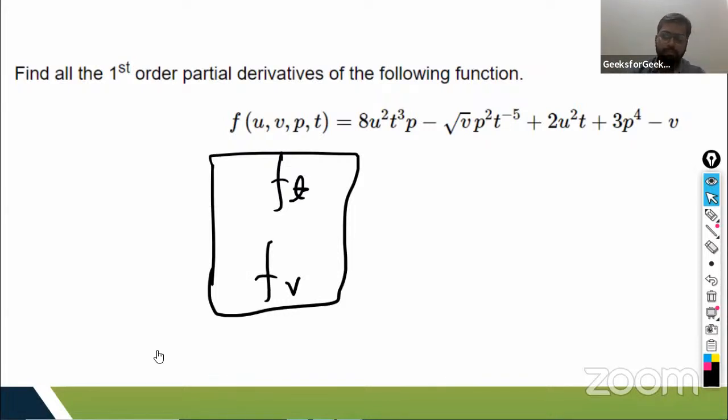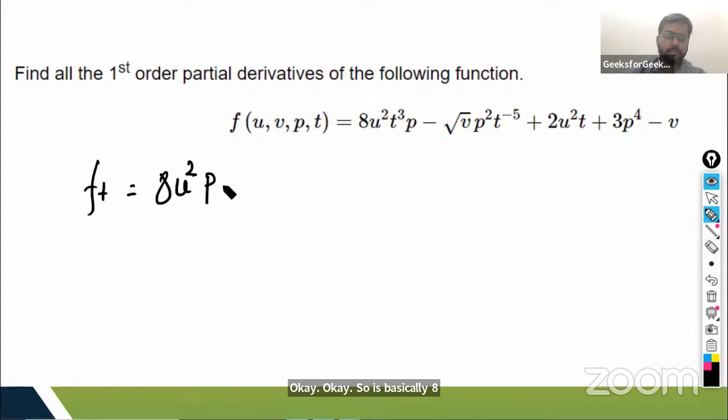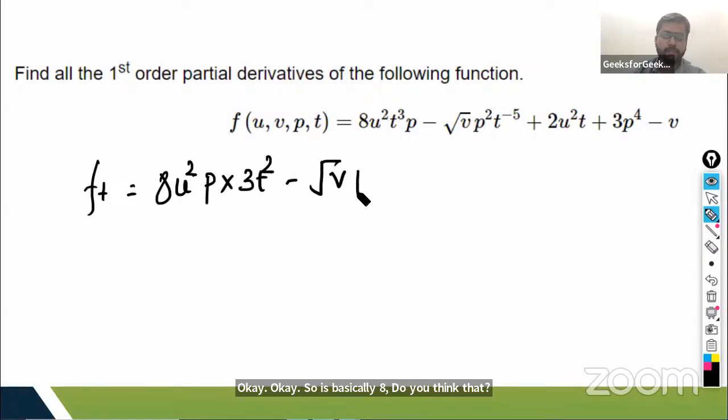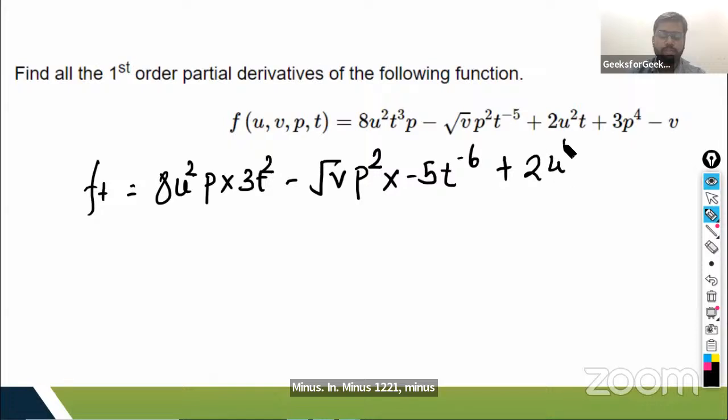So the function with respect to t, please match your answer once. With respect to t, so t is basically 8 u square p into 3t square minus the root v p square into minus 5 t to the power minus 6 plus 2u square, and this one is 0.